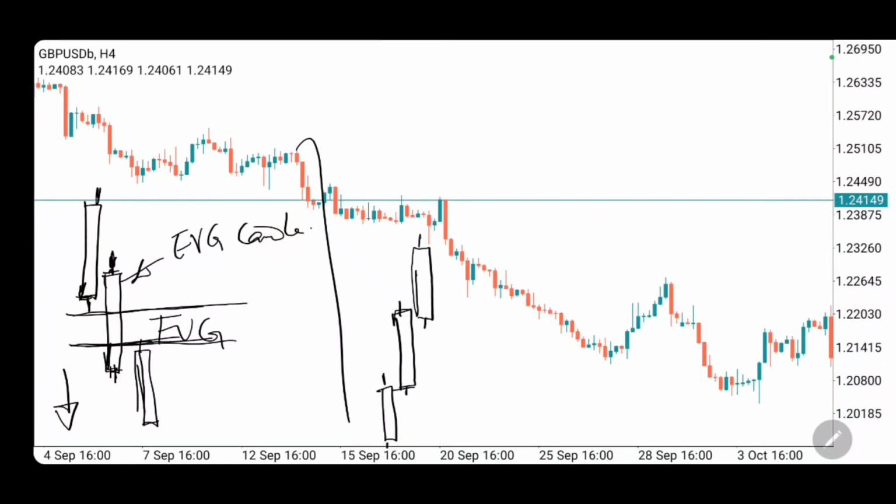These are buy candles. This is the FVG candle. Your FVG will be the gap in between the previous candle before the FVG candle and the candle after the FVG candle. This gives us our fair value gap.